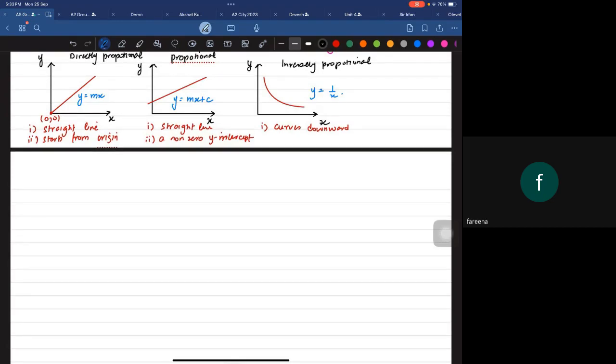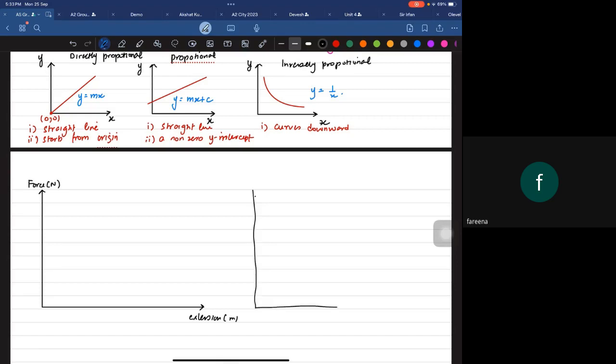So when you draw the graph of this, there will be two basic graphs that we need to learn. The first graph is between force and extension. And the same graph can also be given with the flipped axis, which means extension on the y-axis and force on the x-axis.